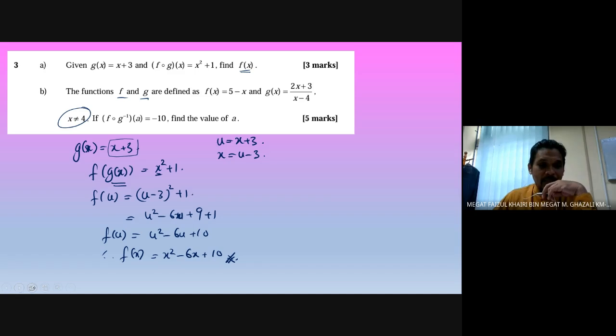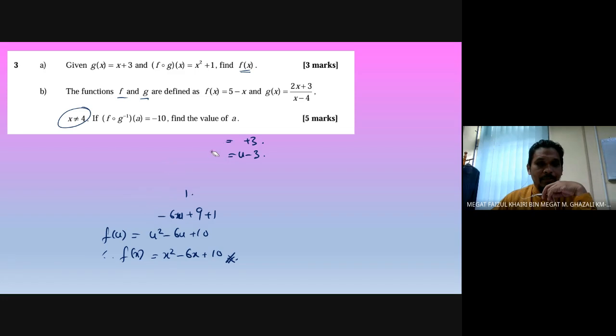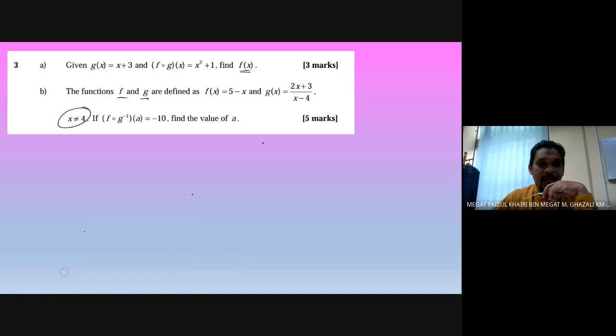Okay, I'll erase this first. fg inverse of a equal to negative 10.